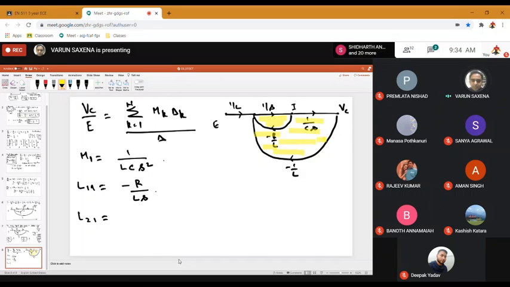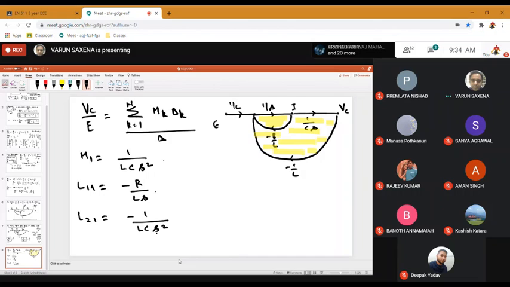This is the second loop, and that happens to be 1 upon S into 1 upon CS into 1 upon L. That will be 1 over LC times S square. So these are the two loops. There is no other loop. The loops are touching, so there is no non-touching combination that is possible here.